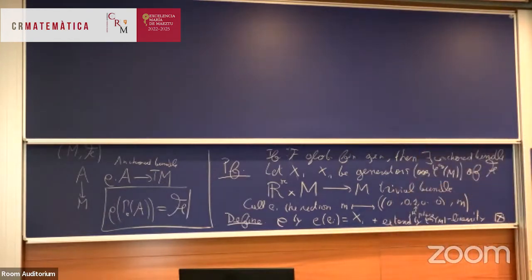Yes. If I understand it correctly, it's different from saying that rho of A is a distribution tangent to the foliation. Right? This is different. Yeah, I can give you a counter example. Right, because the tangent distribution always admits an anchor vector bundle. I think that's true.